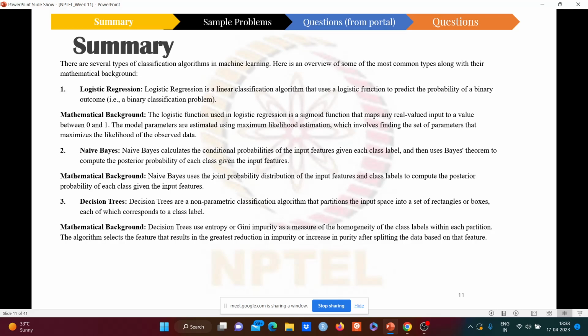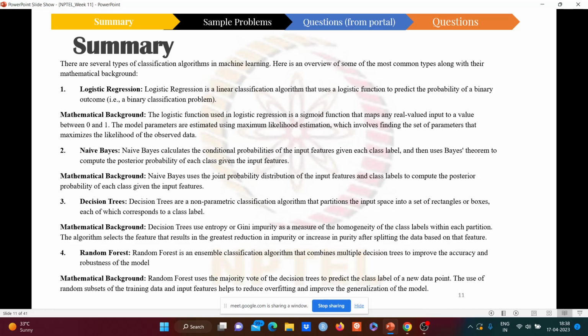Next is the decision trees. These are non-parametric classification algorithms that partition the input space into a set of rectangles or boxes, each of which corresponds to a class label. And next is the random forest. Random forest is an ensemble classification algorithm. Here ensemble means collection.